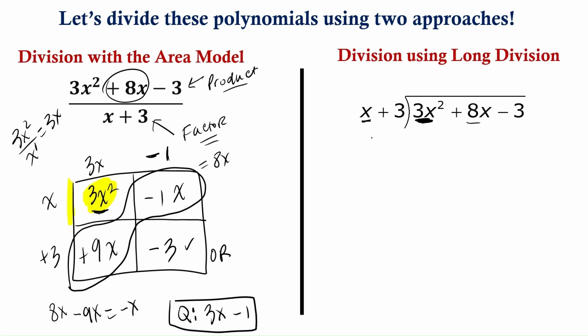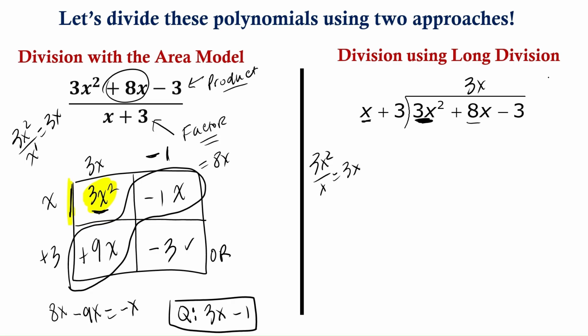I'm going to take that 3x squared and divide it by x. So 3x squared divided by x is going to give me the 3x. Now, just like a normal tens place in long division, I want to line it up correctly. That 3x is not going to go into the 3x squared. It's going to go in relationship to 8x. So I'm going to line it up on top of the 8x.